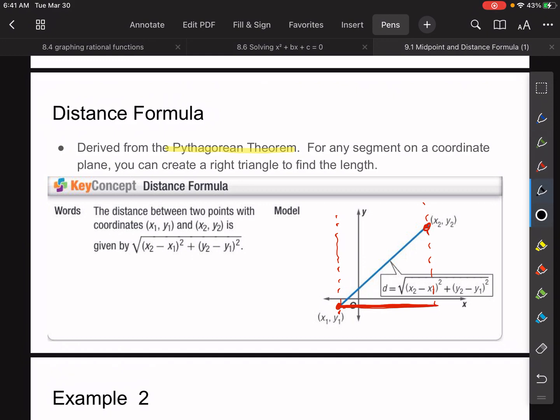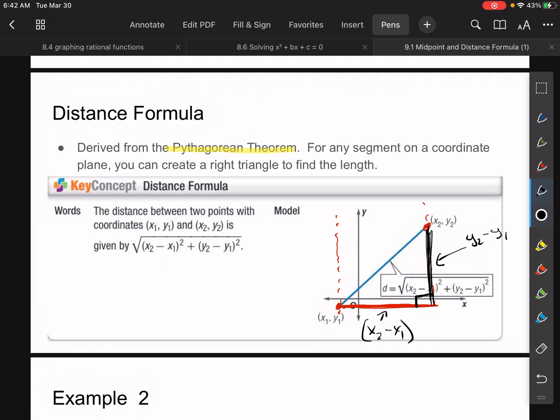The difference in the y would just be this distance from that red line to here. So you'll notice what I've just done is I've created a right triangle, right? Where this distance here is just the change in y. So you could just call it y2 minus y1. It's the change in the y values of the coordinates. And then this distance right here is x2 minus x1.